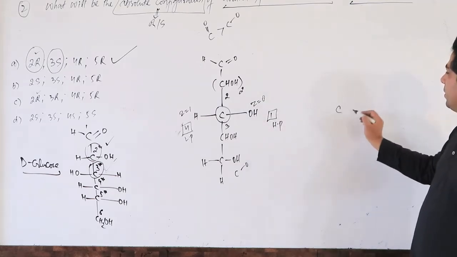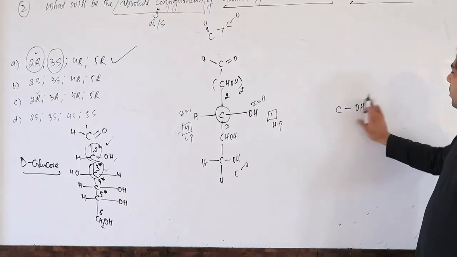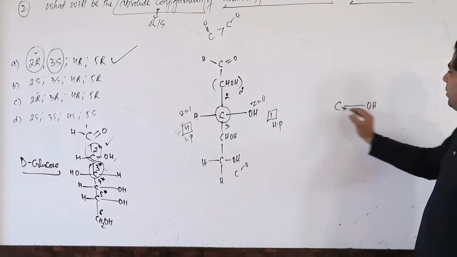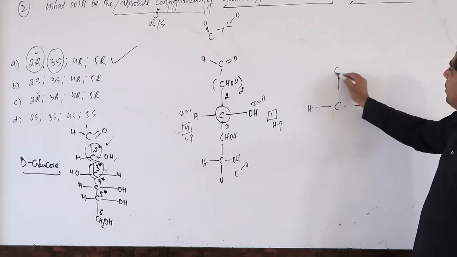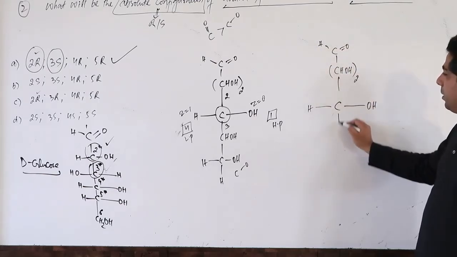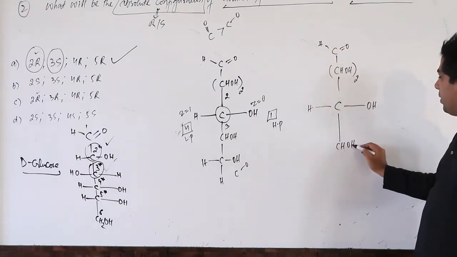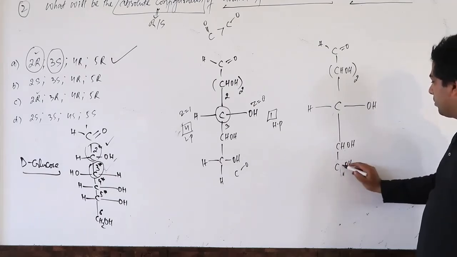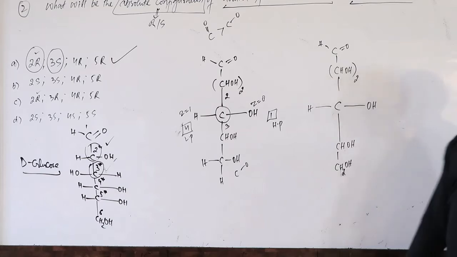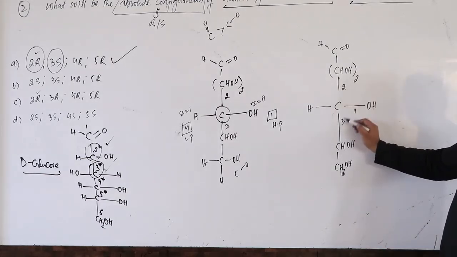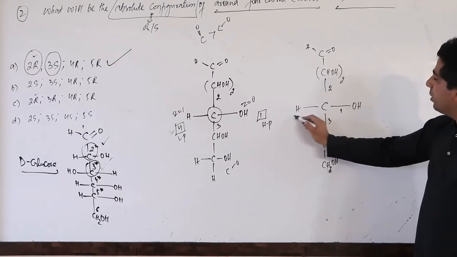Have a look now. OH, H, CHOH 2 times, C double bond O and H. Then we have here CHOH, then CH2OH. So my dear friends, this is our number 1, this is our number 2, this is our number 3 and this is our number 4.